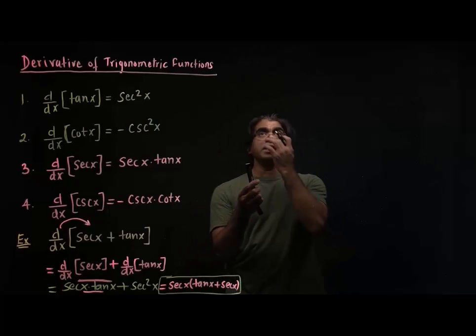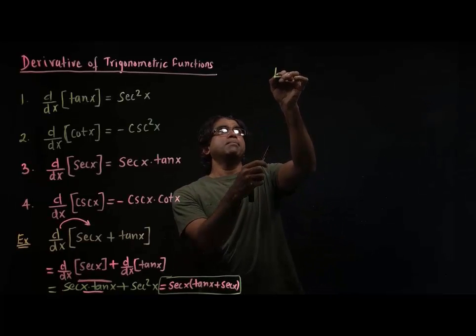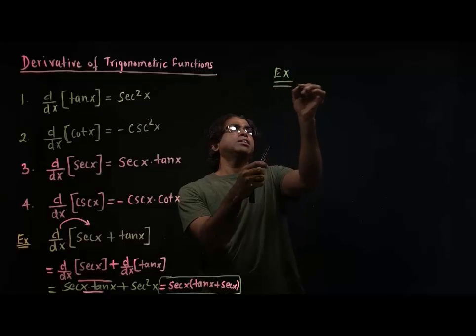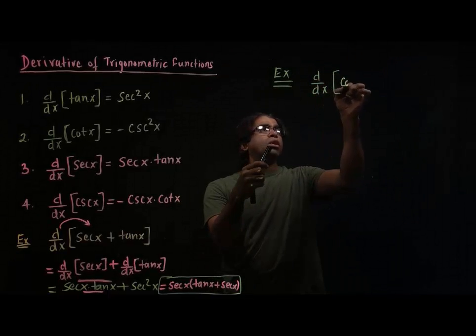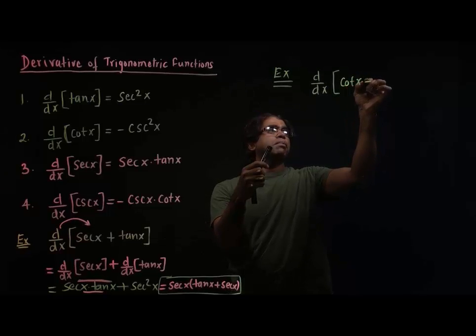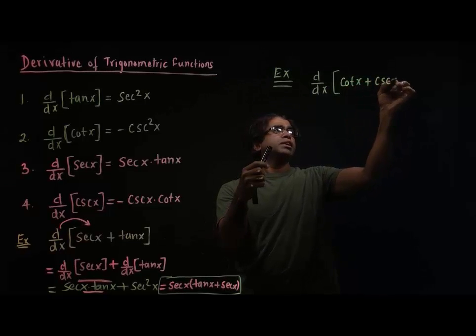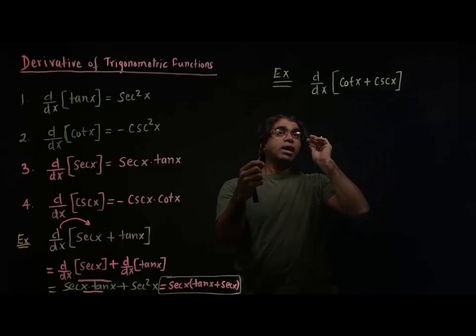Now let's consider another example. So my example is find the derivative of d by dx of cotangent x plus cosecant x, right?